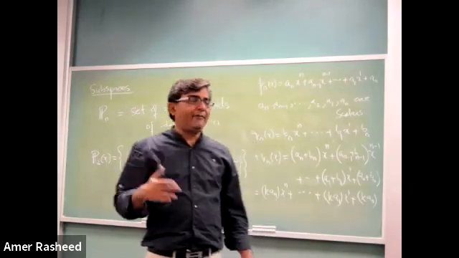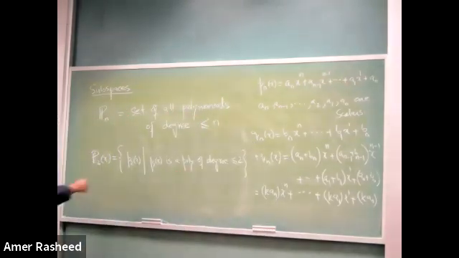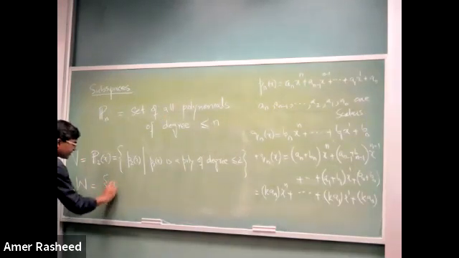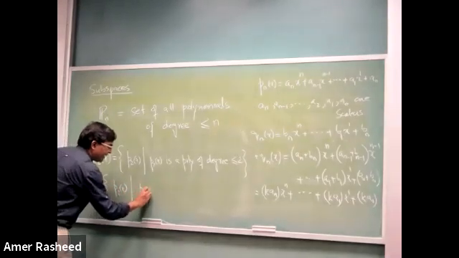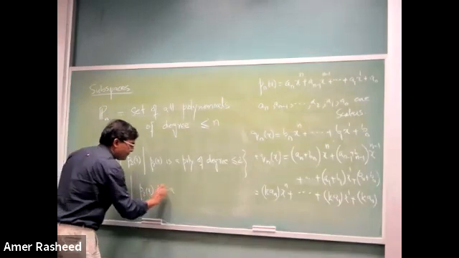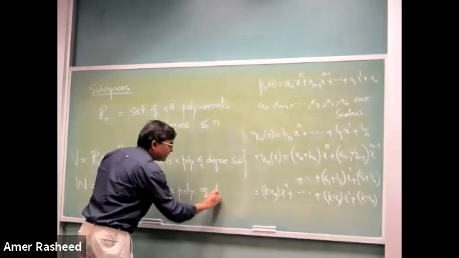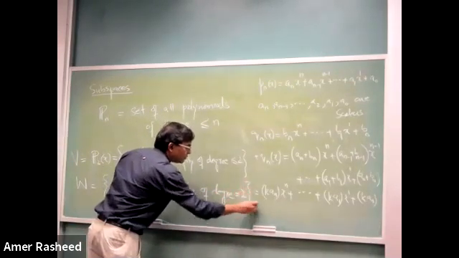If I ask you to prove whether this is a subspace of a bigger set V, now I'm going to define W. W is a set which contains P2 of x such that P2 of x is a polynomial of degree equal to 2. Okay.